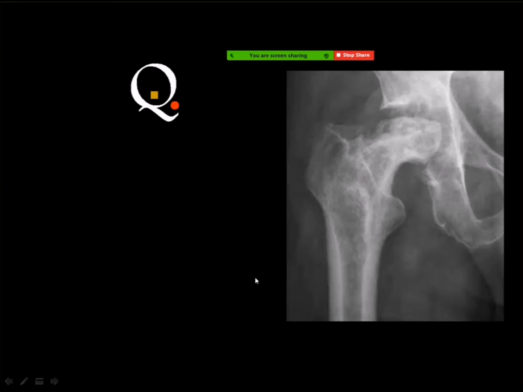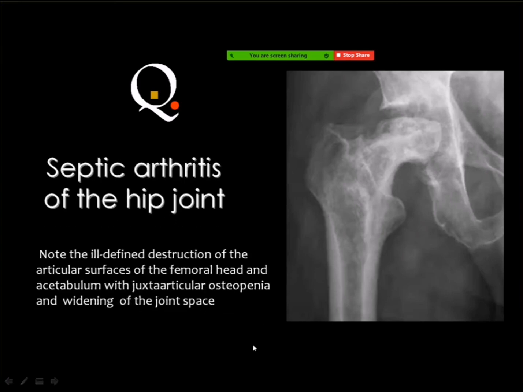septic arthritis is a very good possibility, and it was a case of septic arthritis, but I also want you not to diagnose such a case as avascular necrosis of the femoral head, because the changes are not in the femoral head only, but also in the acetabulum.